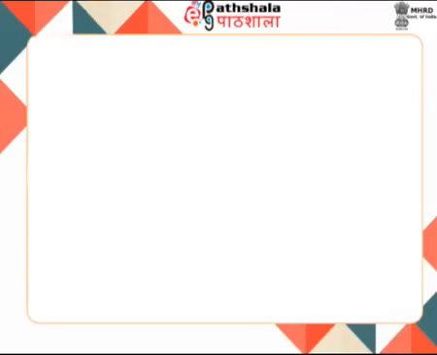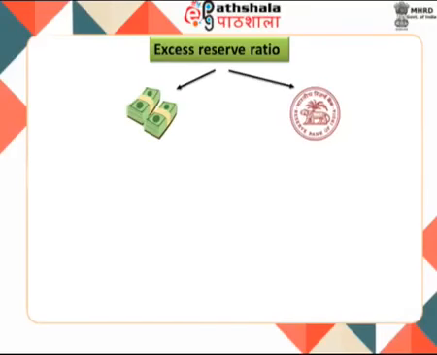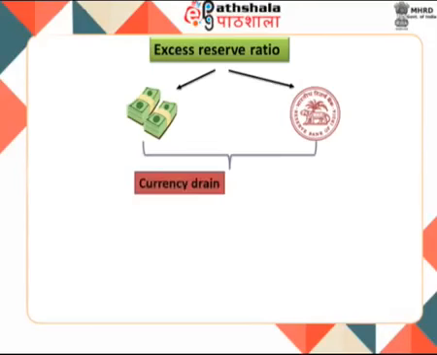The residual reserves, or excess reserve ratio ER upon D, are held either as cash in hand or as balances with the RBI. It is these reserves which the banks as a whole use to meet their currency drains as well as clearing drains.